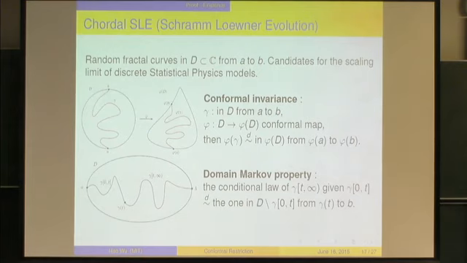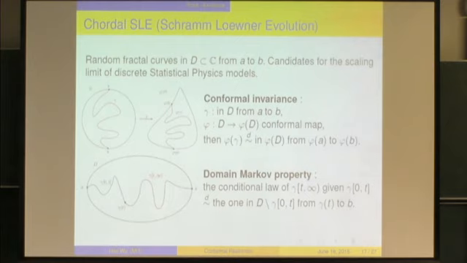Another remark is that these two properties are natural properties from discrete models. Because we want to study the scaling limit of the discrete model, that's why we introduce this random curve with these two properties.